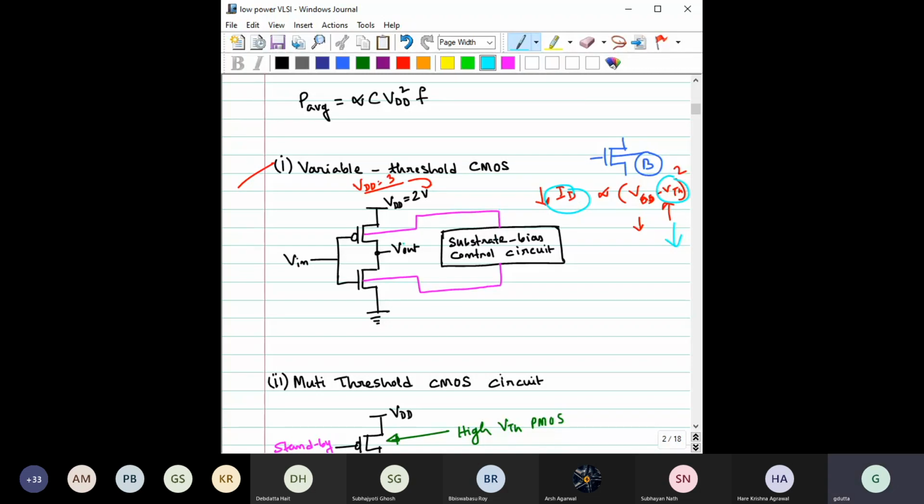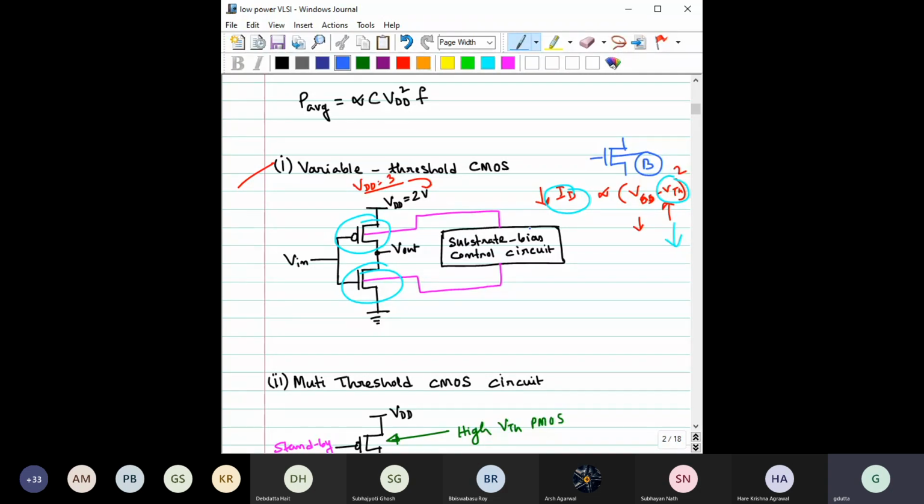During the on state, when the transistors are conducting, this circuit lowers the threshold voltage of this PMOS as well as this NMOS. Lower threshold voltage means the driving current is increased, so the delay would be significantly reduced, right? However, during the off state, what will happen?